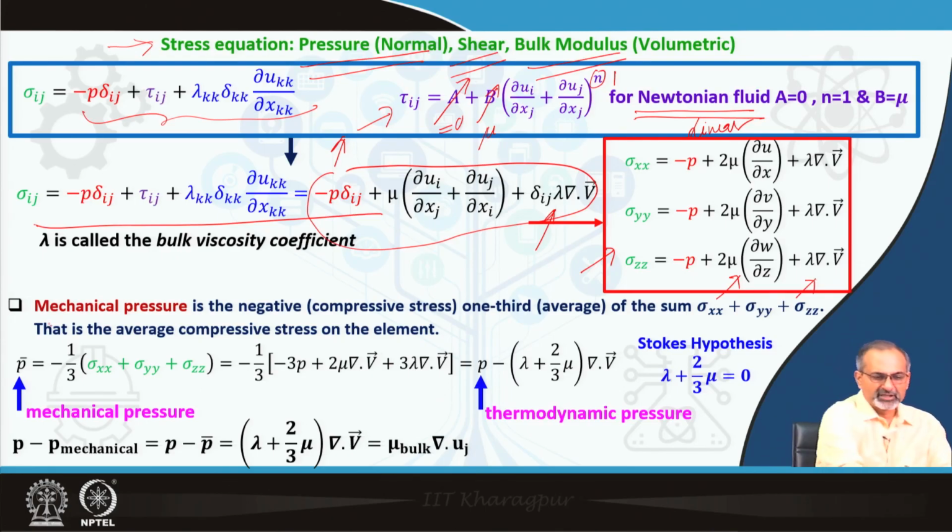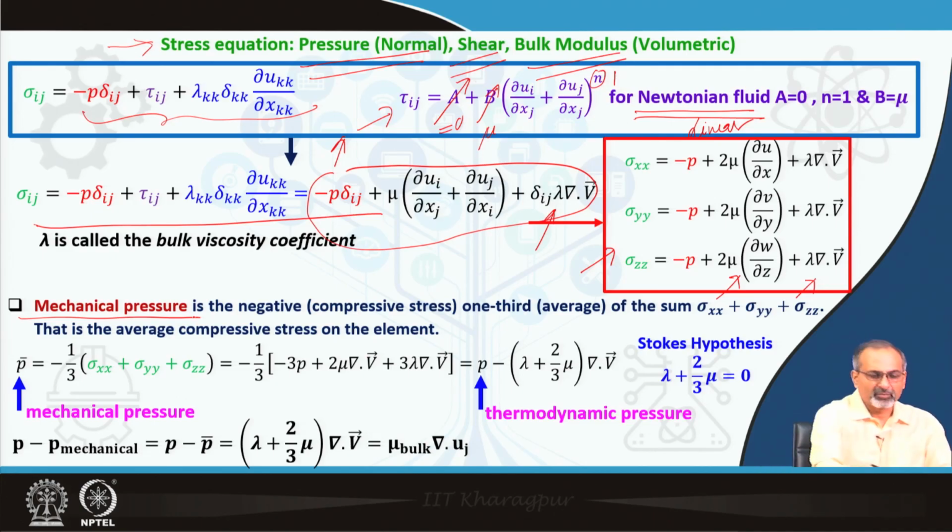When it comes to the definition of mechanical pressure, it is essentially the compressive stress, and in terms of the sign it will be negative. It is 1/3, or the average, of the sum of the normal stresses sigma xx, yy and zz.